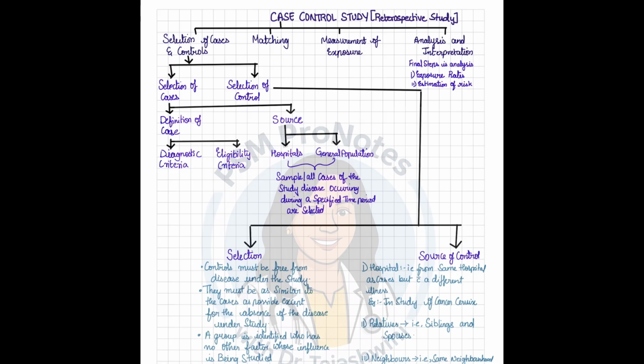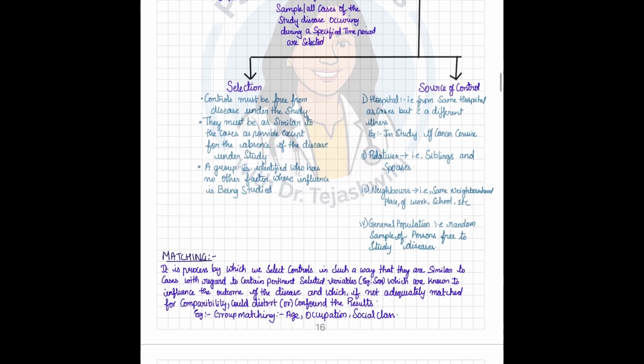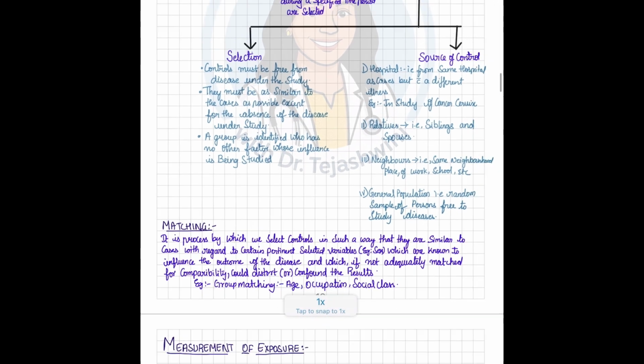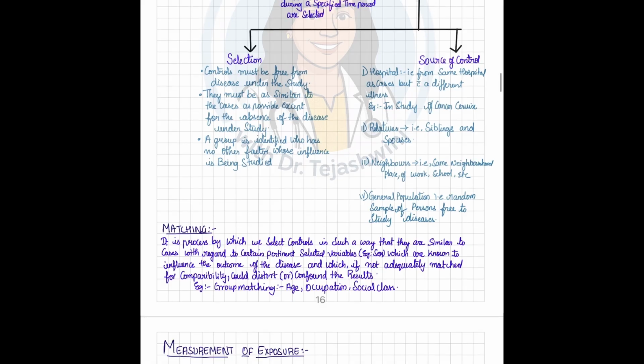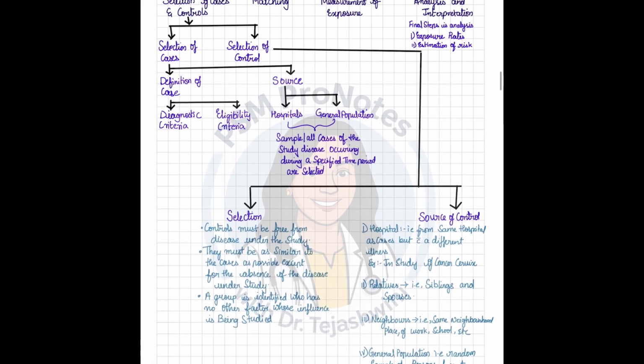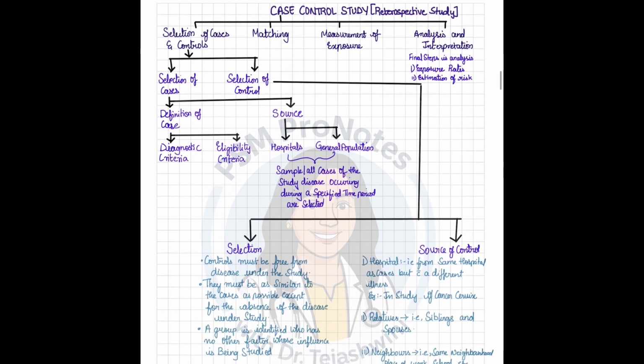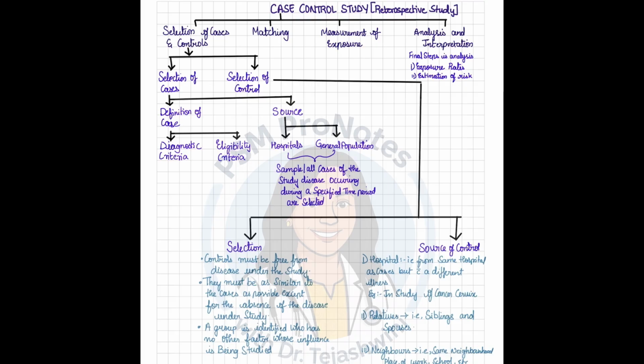2. Matching. Matching is a technique used in case control studies to ensure that the cases and controls are similar with respect to certain variables like age, gender, or occupation, which may affect the outcome. If you're studying lung cancer, you may match the cases with controls based on smoking history, age, and sex to control for those variables that could confound the results.